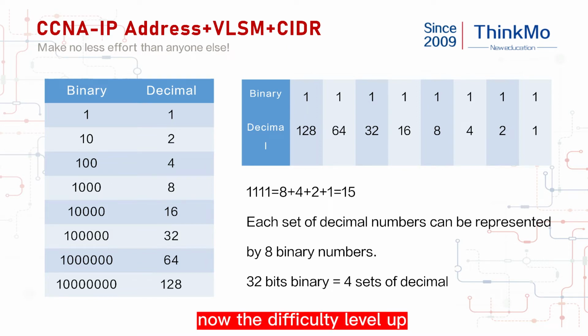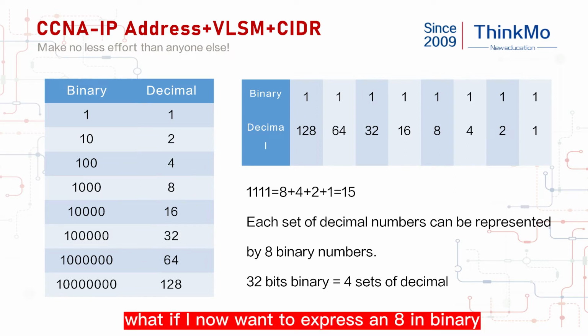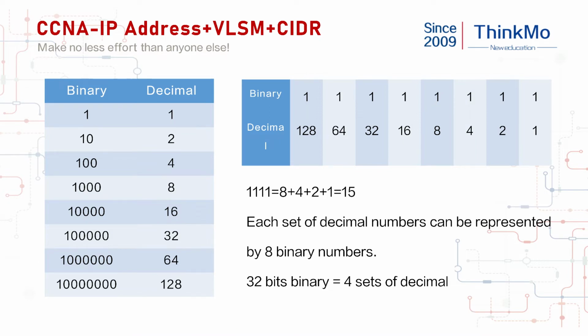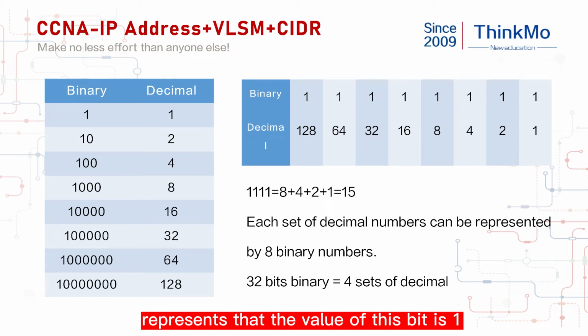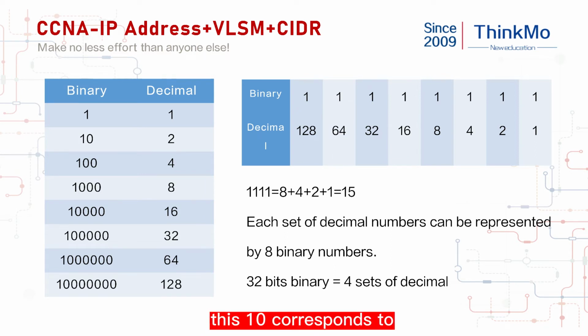Now the difficulty level goes up. What if I now want to express 8 in binary? Let's take a look. The last digit is 1, which represents that the value of this bit is 1. This 10 corresponds to the bit value 2. So actually if there are 3 ones here, it stands for 7.